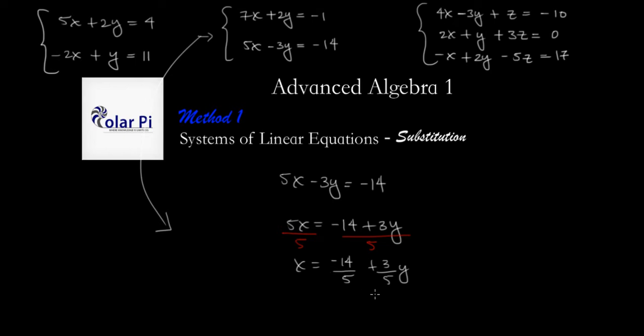But I just showed you what the next step looks like for substitution, and it is again to write 7 times, and we just learned x is this junk, so 7 times negative 14/5 plus 3/5 times y, plus 2y equals negative 1.